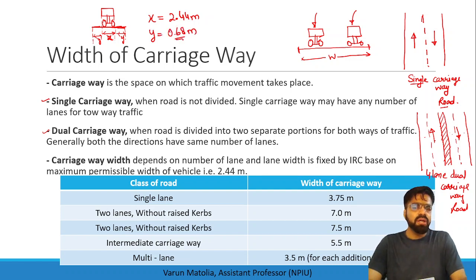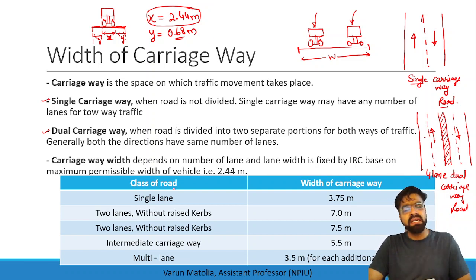This is not directly given, but you can calculate it using the single lane width. What you need to remember is this x value. What is this x value? It is the maximum permissible width for a vehicle.